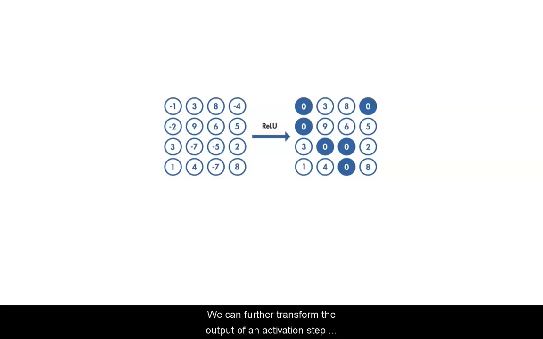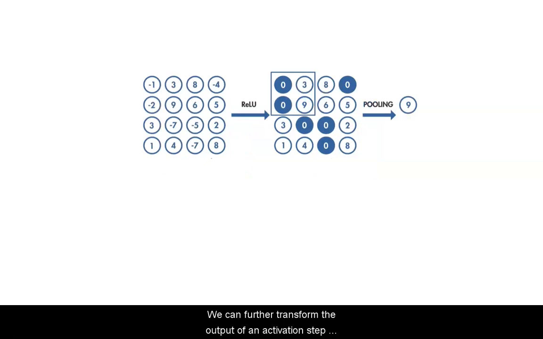Now we can further transform the output of an activation step by applying what is called pooling. And it is this pooling which reduces the dimensionality of the feature map by condensing the output of small regions of a neural network into a single output.